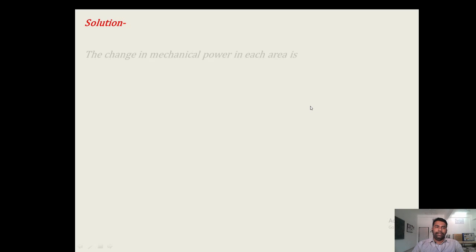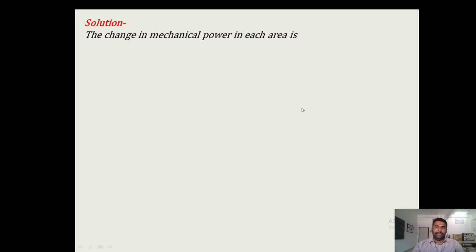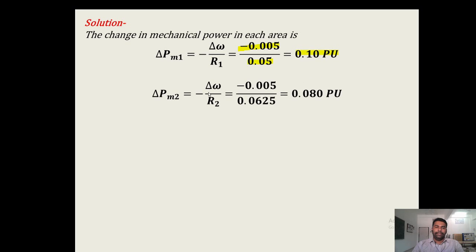Now we will solve the change in mechanical power in each area. First area gives change in PM1 equals minus change in omega upon R1. Omega in the first area is minus 0.005, and R1 is 0.05, it gives 0.10 per unit. In the second area it is minus 0.005.